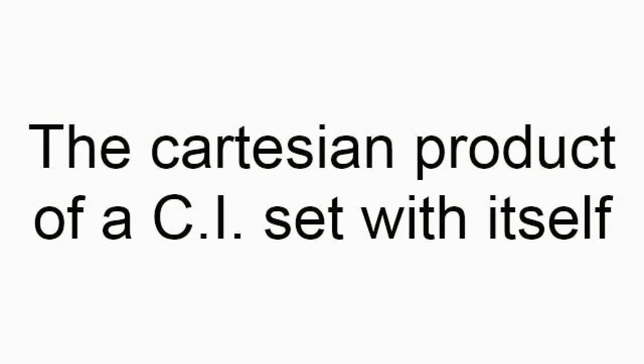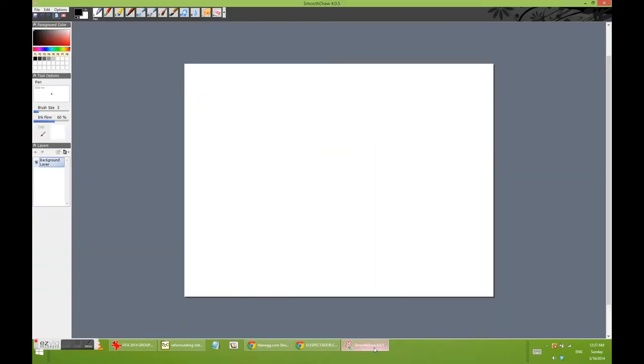Now we want to analyze the Cartesian product of a countable infinite set with itself. We just proved in the previous exercise that whenever you have two equinumerous sets, A and B, then the cross product of A with itself is equinumerous to the cross product of B with itself.